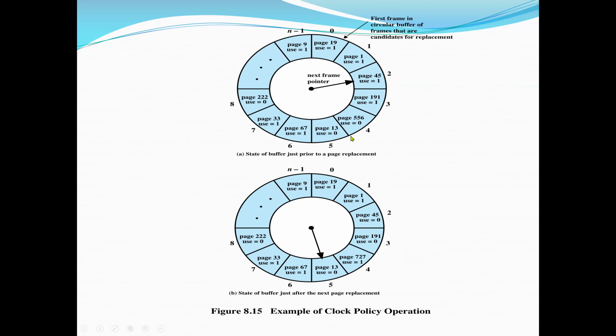That is the first frame in the circular buffer that is a candidate for replacement, which contains page 45. Now the clock policy is executed. Because the use bit for page 45 in frame 2 is equal to 1, this page is not replaced.